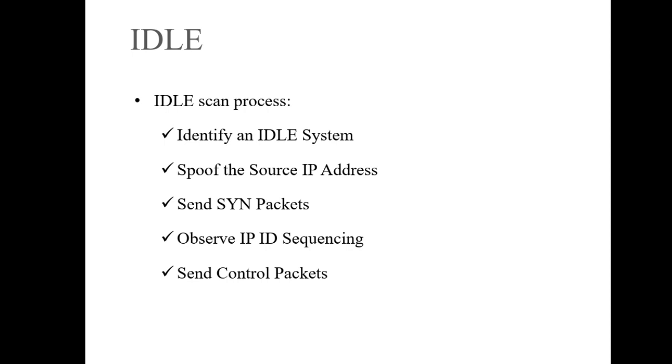In the fifth one, send control packets. In sending control packets, the attacker sends Transmission Control Protocol packets to closed or filtered ports on the target system, instructing the idle system to send these control packets to the desired open port.